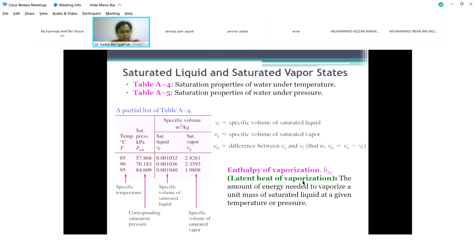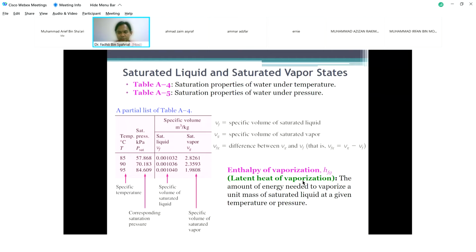As our revision today, we have discussed that in PV and TV diagram, they show to us how the pure substances change from one form to another form, from compressed liquid phase and then to saturated liquid.